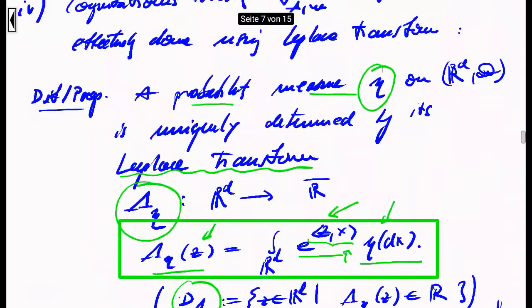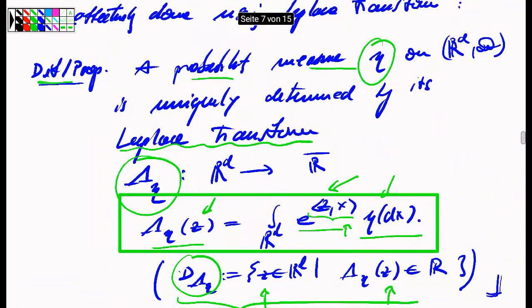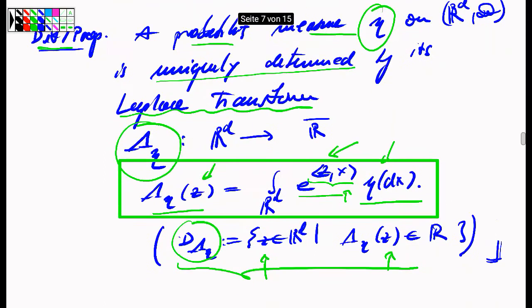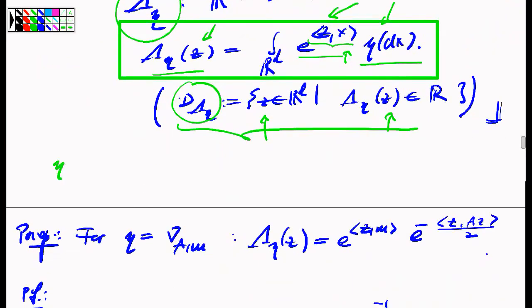Right, and except for a definition, this proposition that we use in the sequel is that the probability measure is uniquely determined by this Laplace transform, which means that if you have two probability measures, eta and eta prime, such that the Laplace transform of eta equals the Laplace transform of eta prime, then necessarily eta must be the same as eta prime.